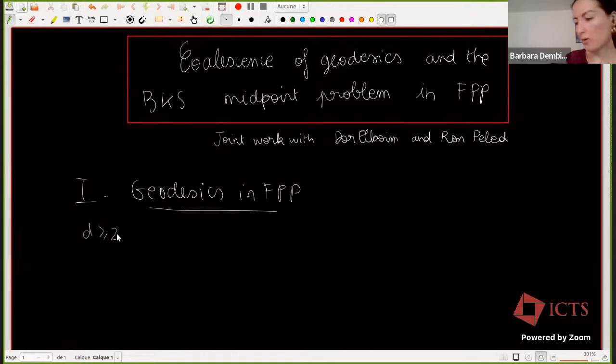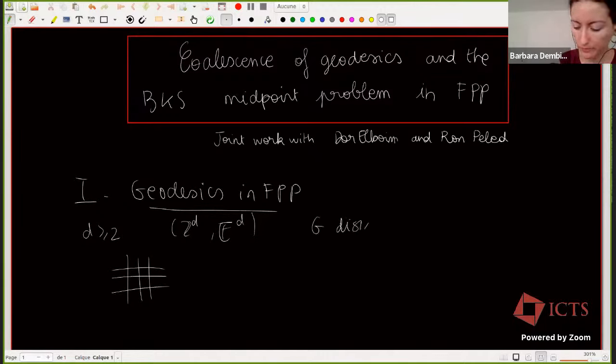So I introduce the model in any dimension d greater or equal than 2, but most of the results in this talk will be in the two-dimensional case. I will be working on the graph Z^d, so just the standard graph, and we consider G, a distribution on R plus.